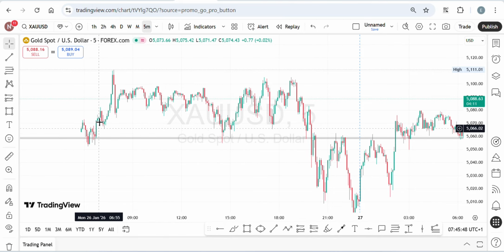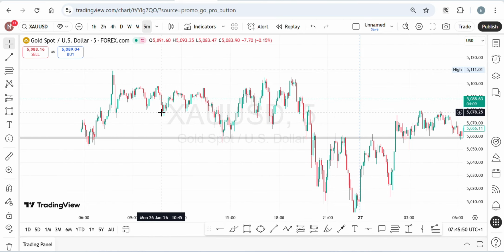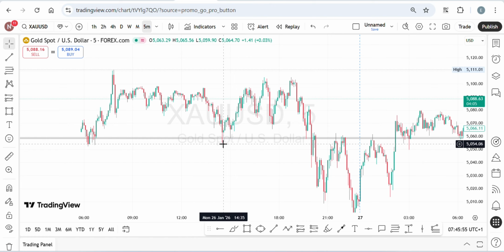So after everything that happened in London, price came back to tap this key level, and we failed to close below. This was New York, and upon reaching this level and failing to close below it, this is how I took a position from this level.